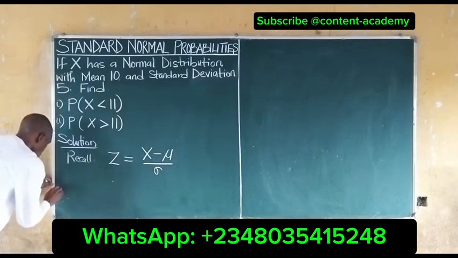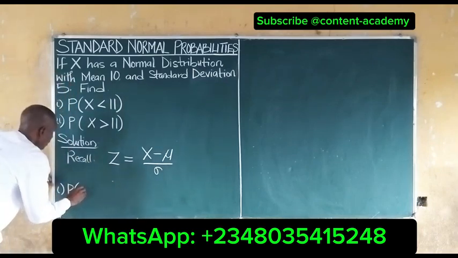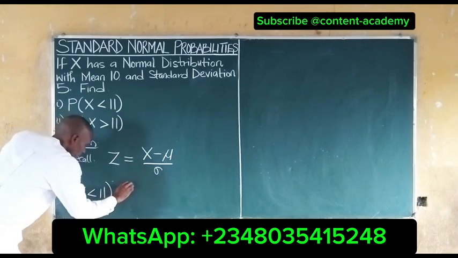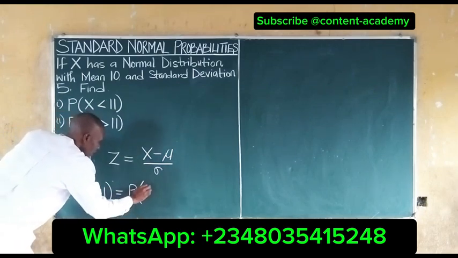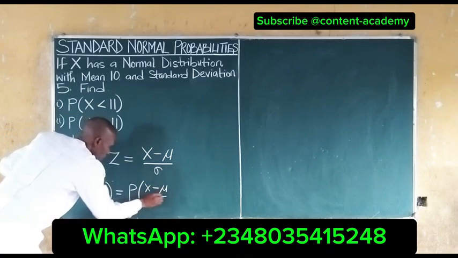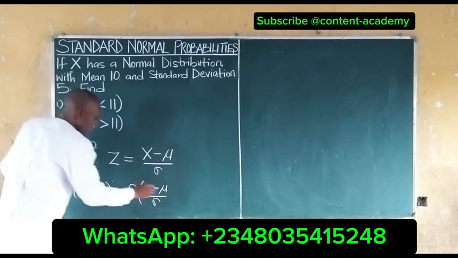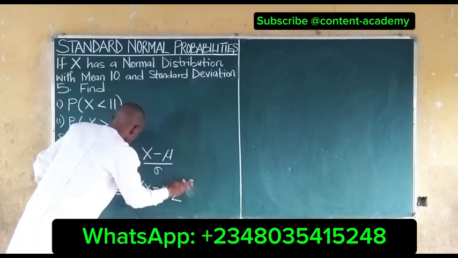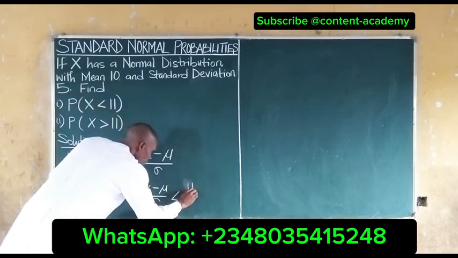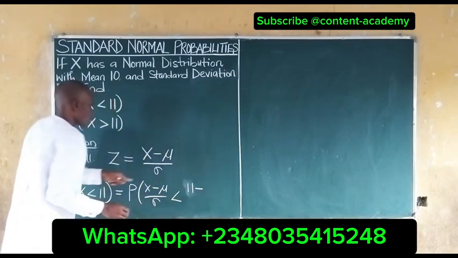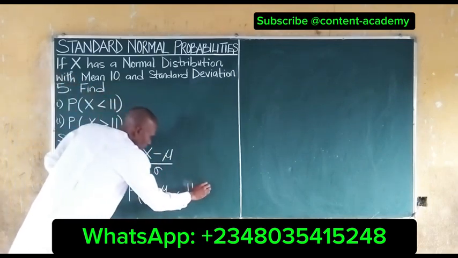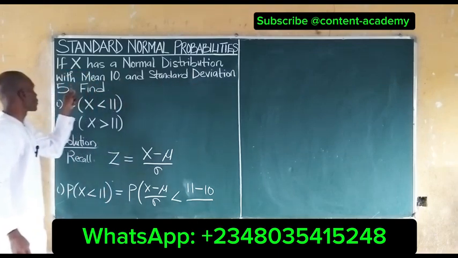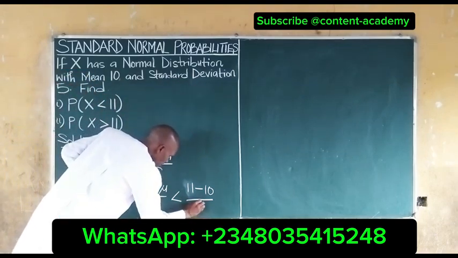So, to compute the probability of x less than 11, we write the probability of (x minus mu) all over sigma less than (11 minus 10) all over our standard deviation, which is given as 5.